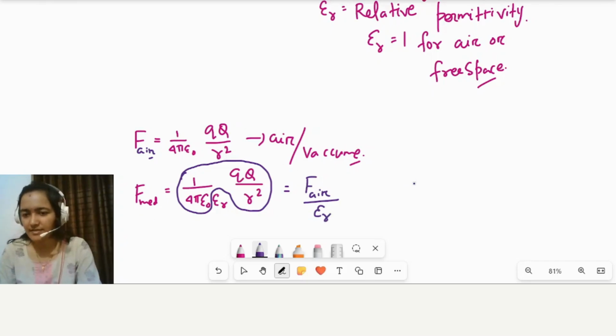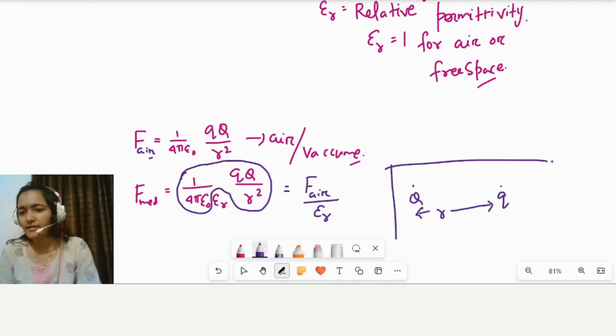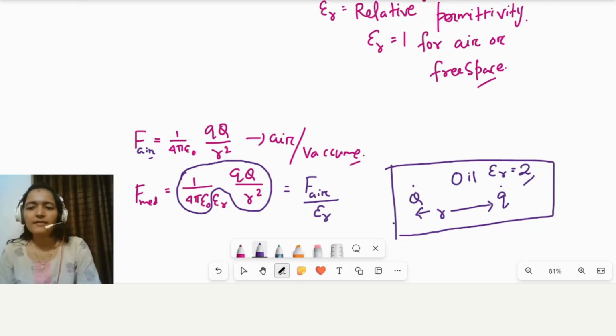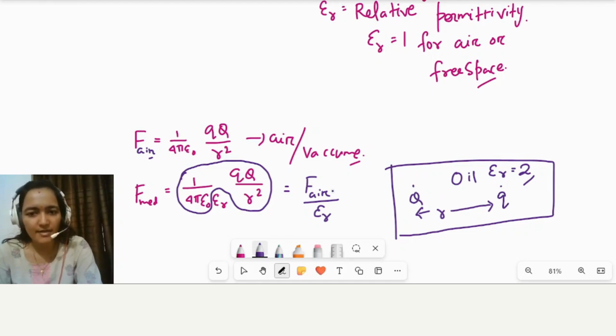For example, if it is given that two charges capital Q and small q separated by distance r are immersed inside an oil container whose relative permittivity is 2, let's take, in that case find the electrostatic force of repulsion, because both are of same nature, they will repel each other, isn't it? F medium is equal to F air by epsilon r. You just write everything as it is, 1 by 4 pi epsilon naught q by r square. After that just divide by 2. Okay, got it?